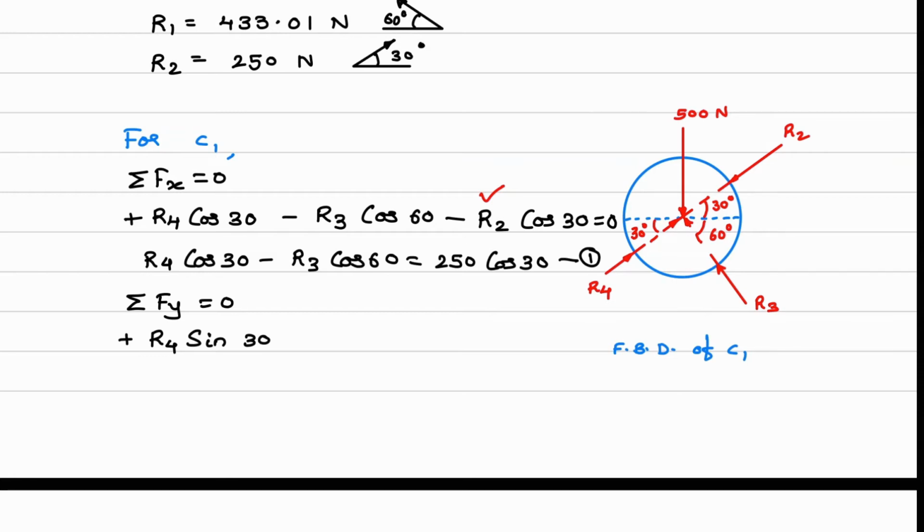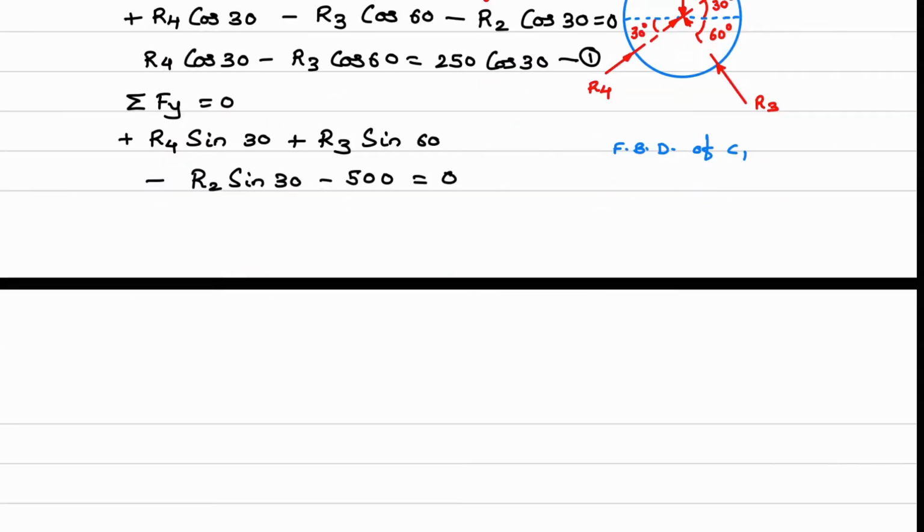Then R3's vertical component is in upward direction, and the angle is with respect to the x axis, so plus R3 sine 60. Then next is R2. Its x component is towards left and its y component will be downward, so this will be negative: minus R2 sine 30. Then the last is the 500 Newton weight, so minus 500 is equal to 0.